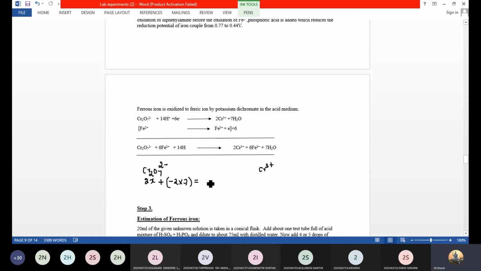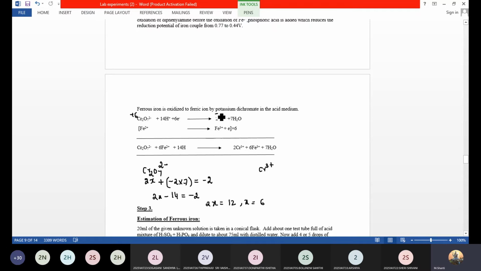This entire thing equals -2, because the charge of the entire ion is -2. So 2x minus 14 equals -2, 2x equals -2 plus 14, which is 12. Therefore x equals 6. So the oxidation state of chromium here is +6.